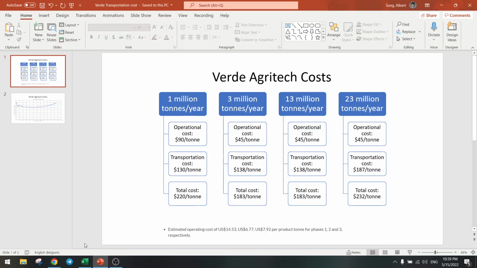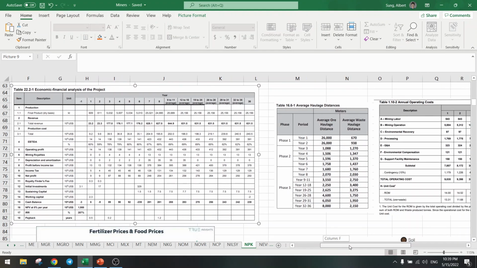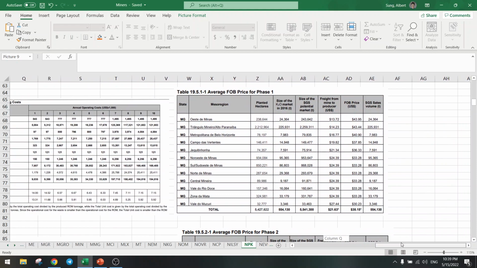Okay, so the transportation cost now, there's another section in the feasibility study where they give the freight from mine to producer. And that's about $21. And these are the different regions, right?